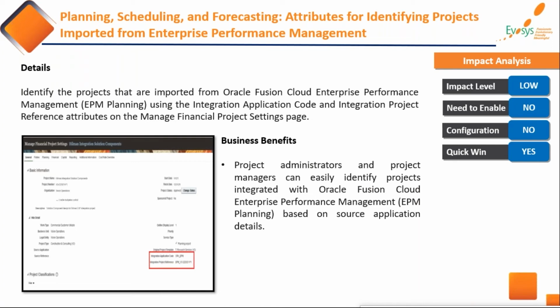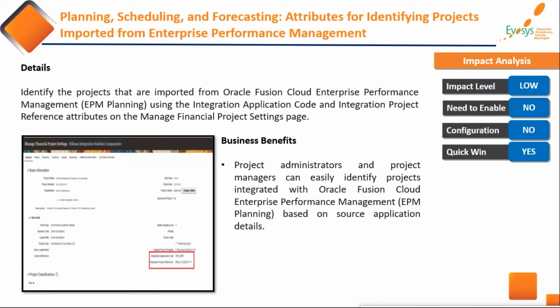So this standard integration Oracle came up with in the previous release. But what was missing was that there was no way to identify in Oracle Projects which projects were created using the EPM integration or came from EPM.